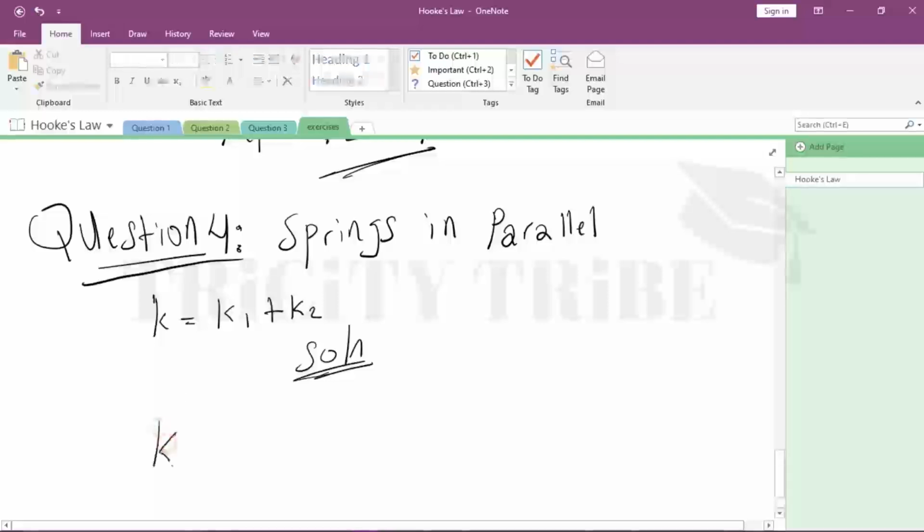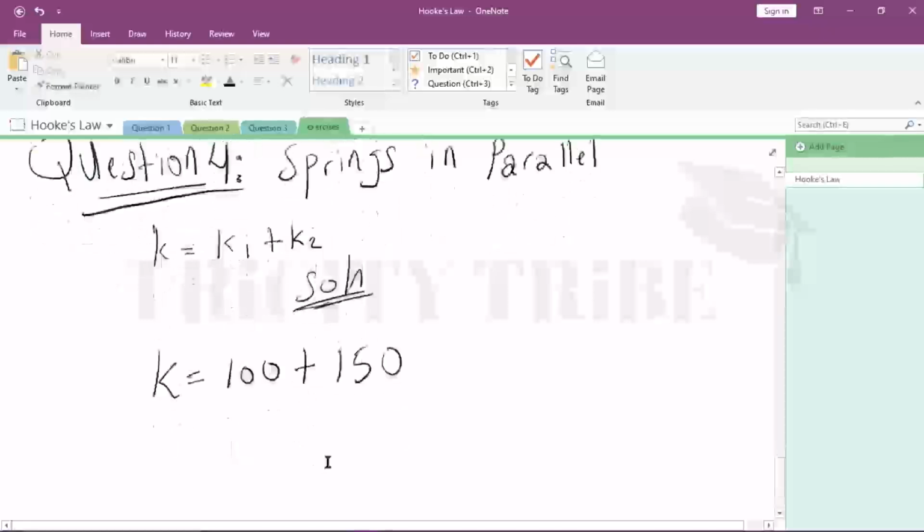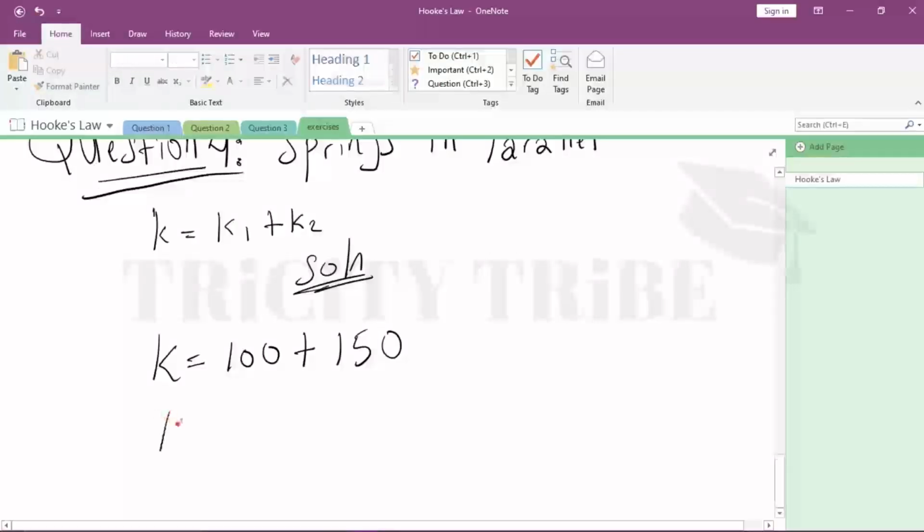The effective or total spring constant in the system will be 100 plus 150, and that is equal to 250 Newton per meter.